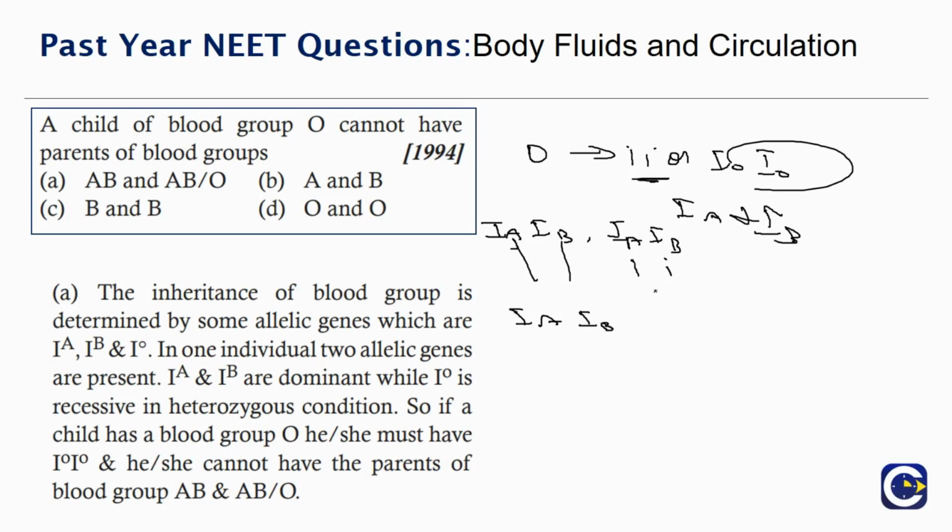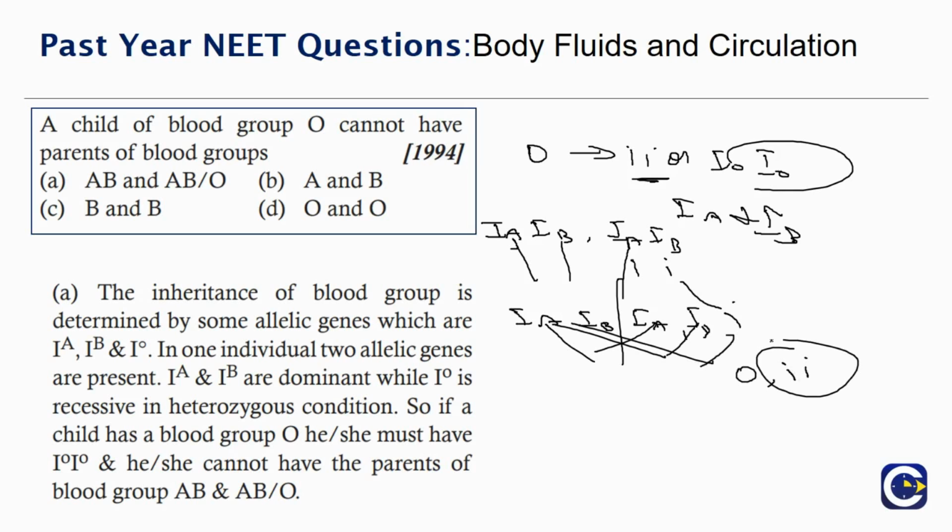Here also we get IA IB or small i. However the combination goes, it cannot result in O group because ii is not here. We have IA IB here, IA IB or i, only small i.